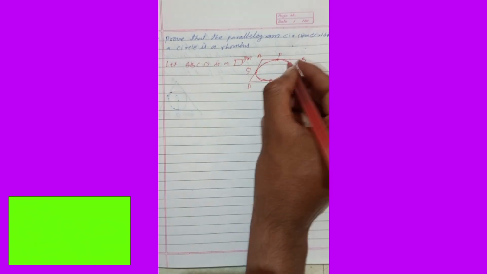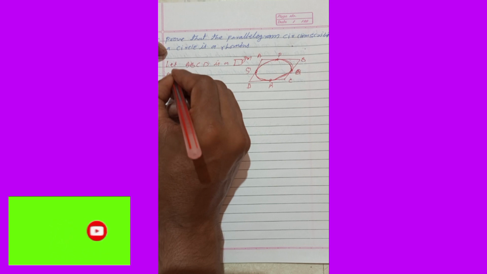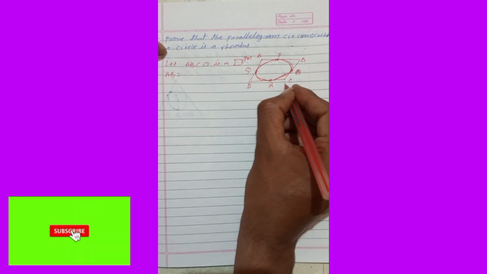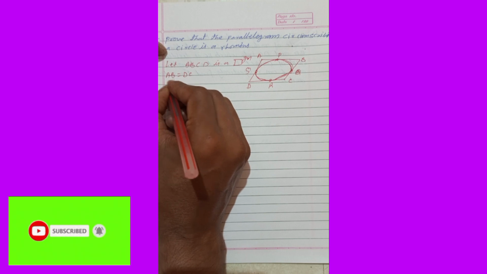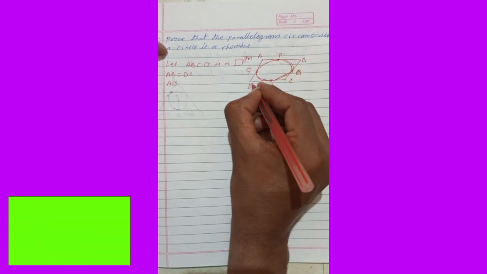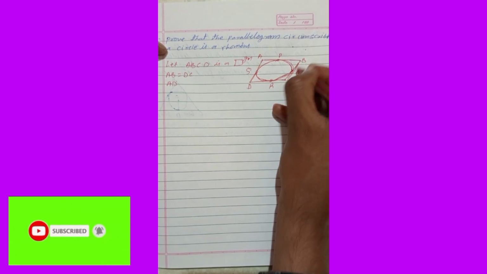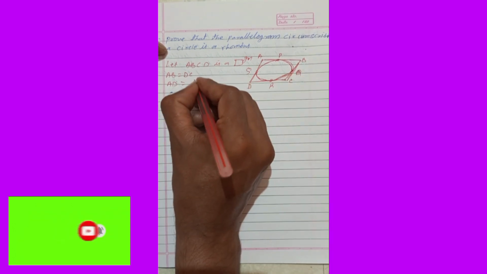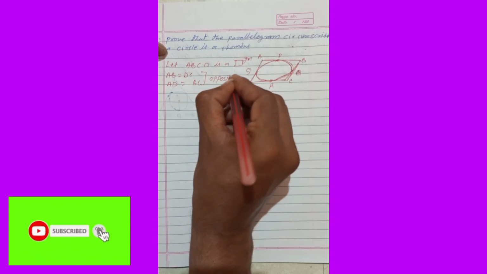In a parallelogram, opposite sides are equal and parallel. Means we know that AB is equal to DC, and AD is equal to BC, opposite sides of a parallelogram.